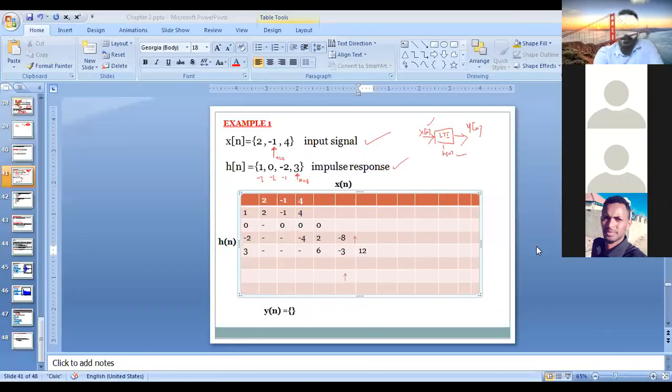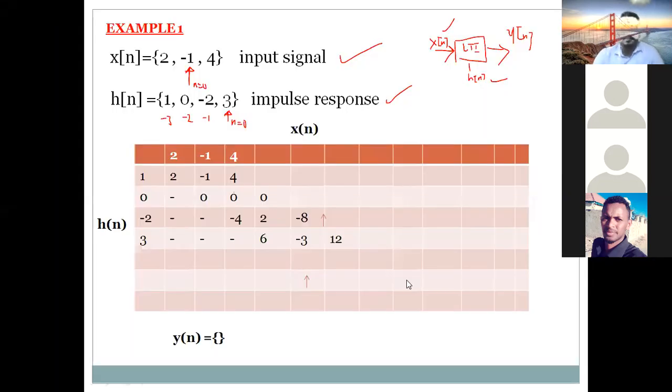so let me repeat once this tabular method. The input signal is given, as you can see here: 2, -1, 4. This is the arrow at n equal to 0. The impulse response is given: 1, 0, -2, 3.